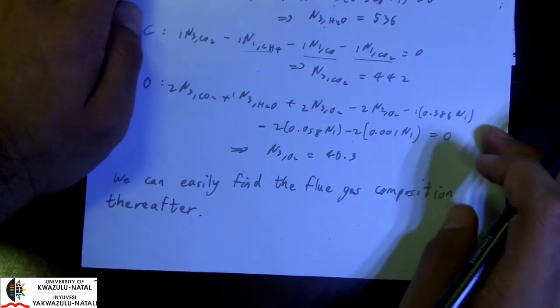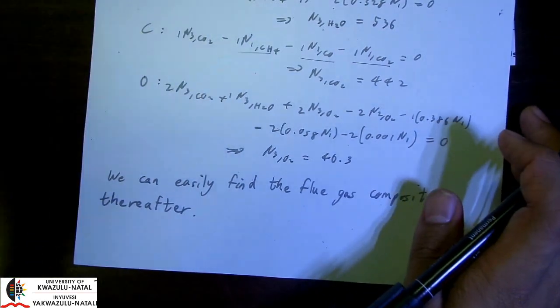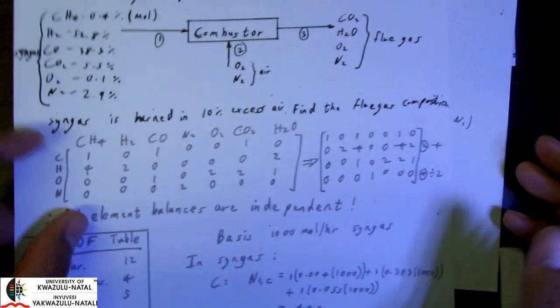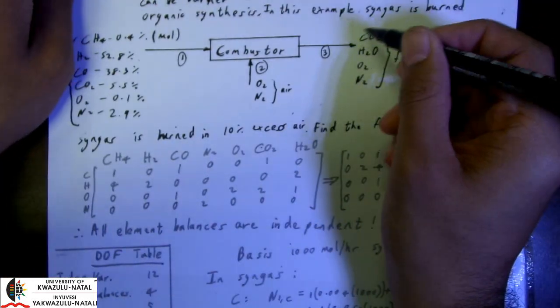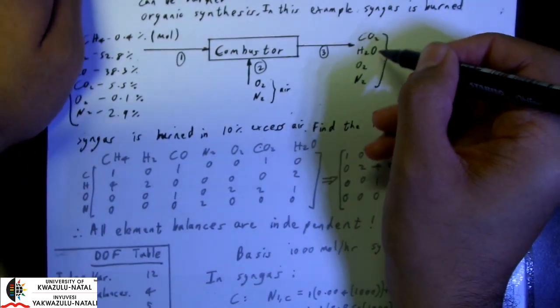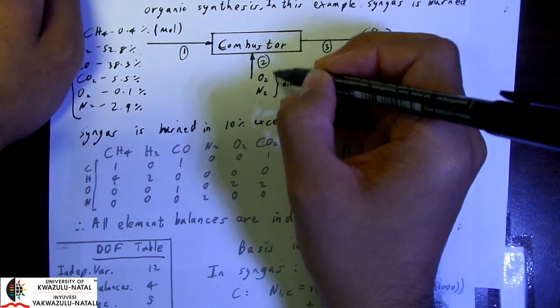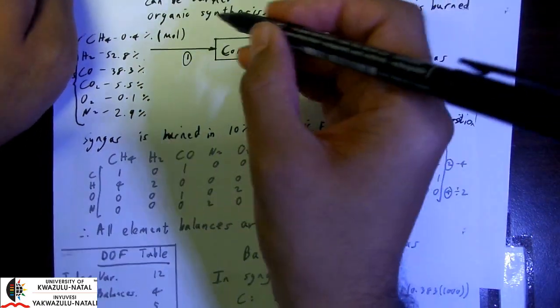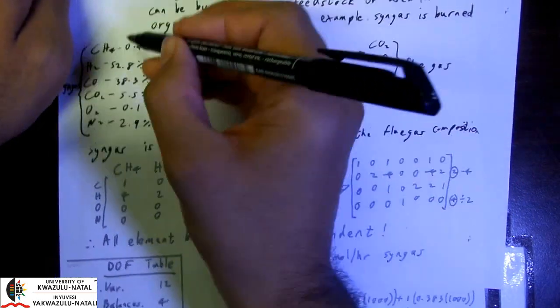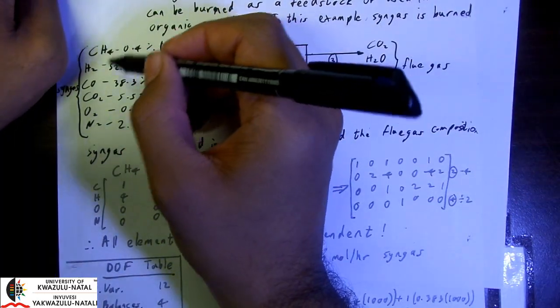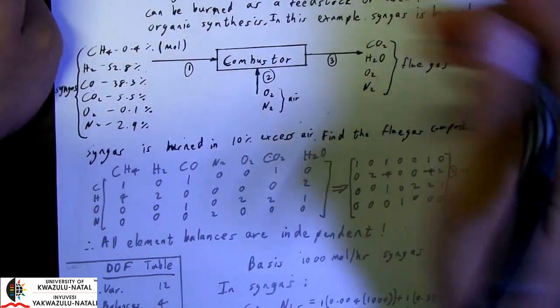And finally, the oxygen is perhaps the most complicated because it's prevalent in so many different compounds: in CO2, H2O, and oxygen gas, as well as in the air, the theoretical air, the air input, and in the many different compounds of the syngas.